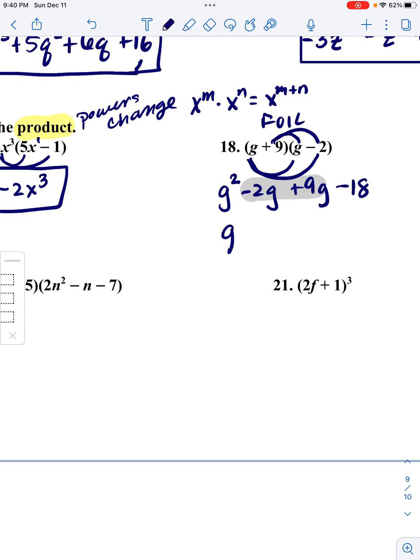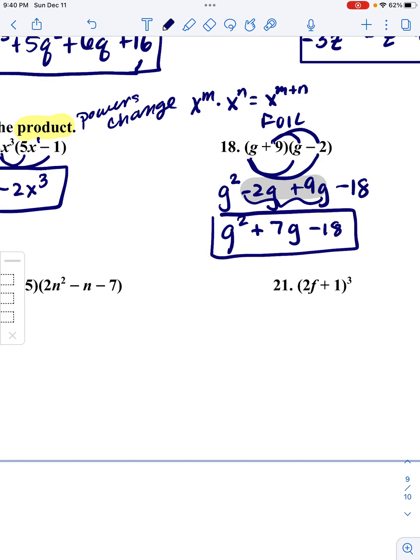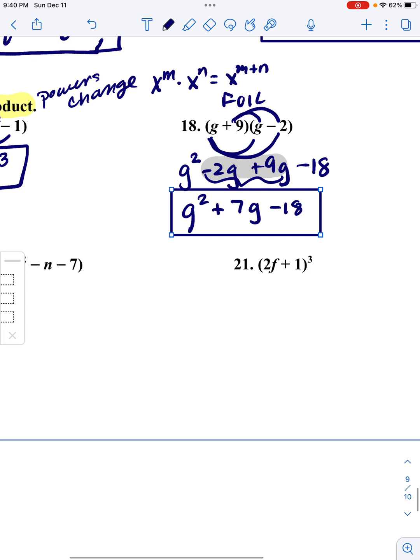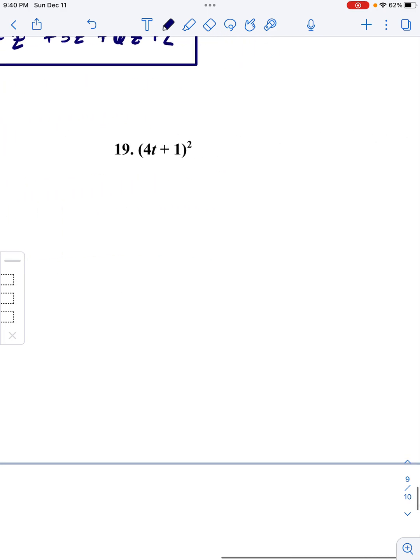So I have a g squared. These two, -2 plus 9, turn into a plus 7g. And I don't change the powers because at this point I'm just combining like terms. And then minus 18, which I can't combine any further because nobody has the same power now. And that's in standard form. G to the second, then g to the first, and then my constant.